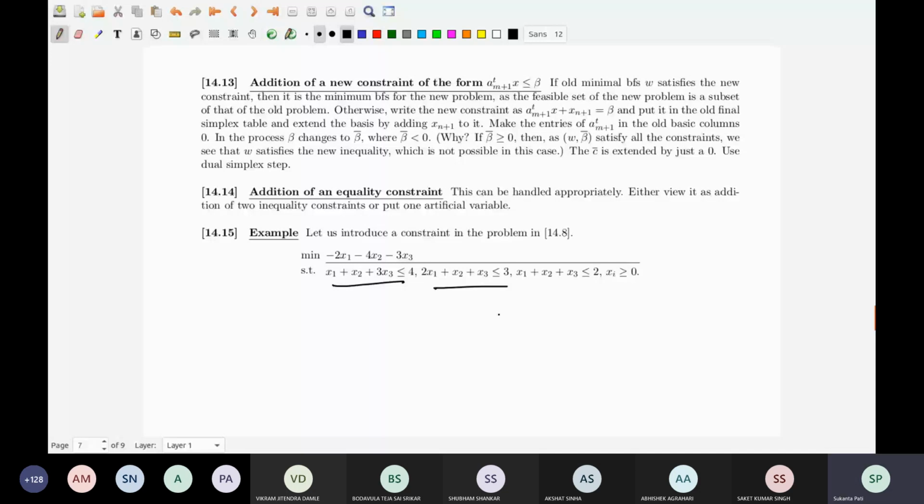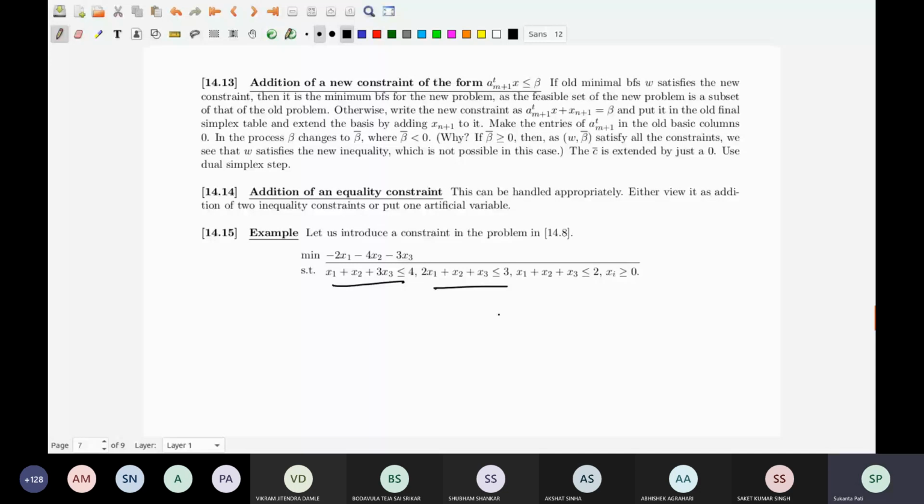Now what you do is check whether your old optimal solution satisfies the new constraint or not. If it satisfies the new constraint, it was the minimum over a bigger set. Now you are only talking about a subset, and if that point is available here, it is bound to be the minimum.